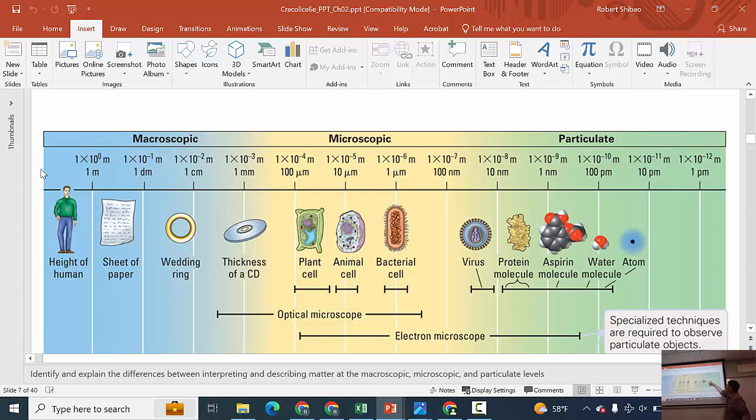If you look at this, atoms are on the order of 10 to the minus 10 to 10 to the minus 11. Here's a water molecule.